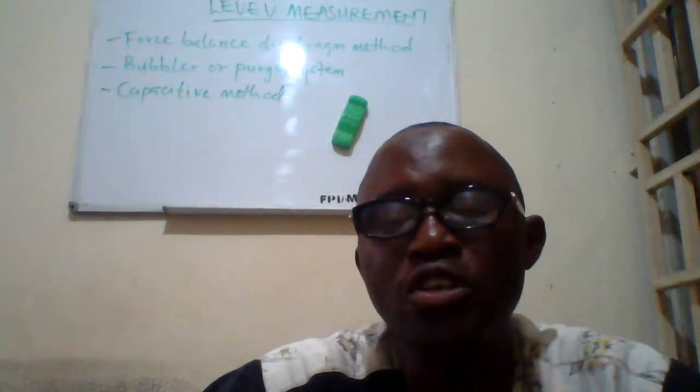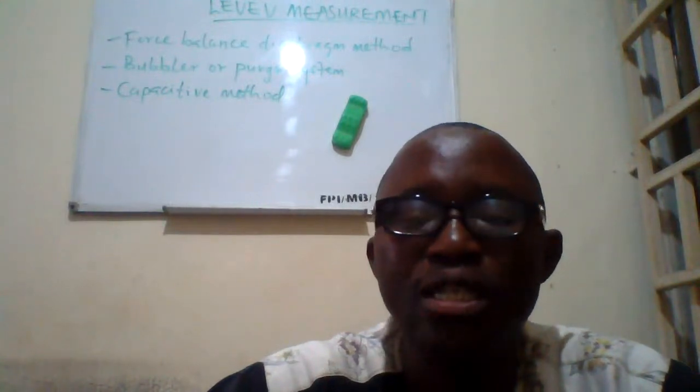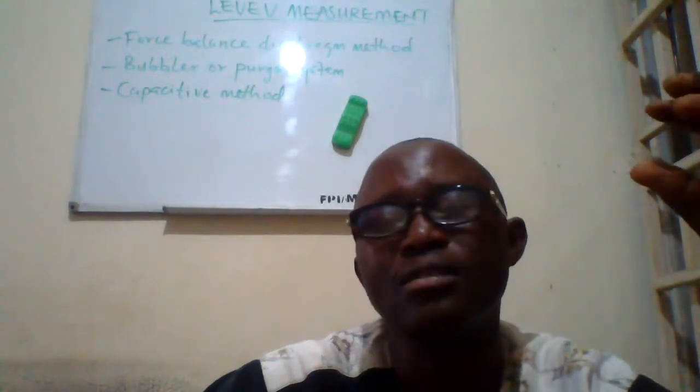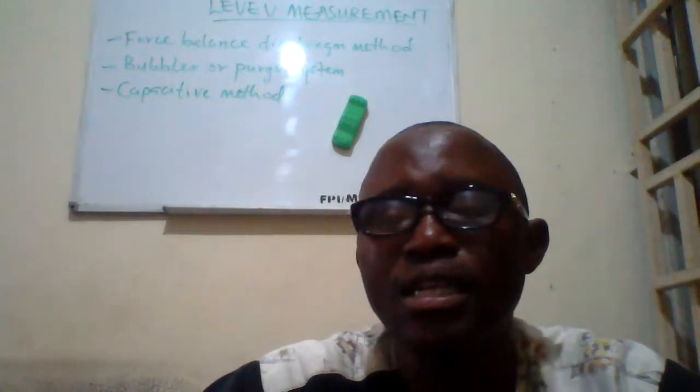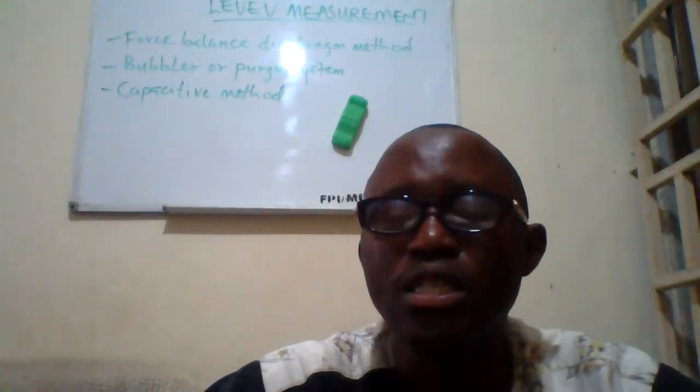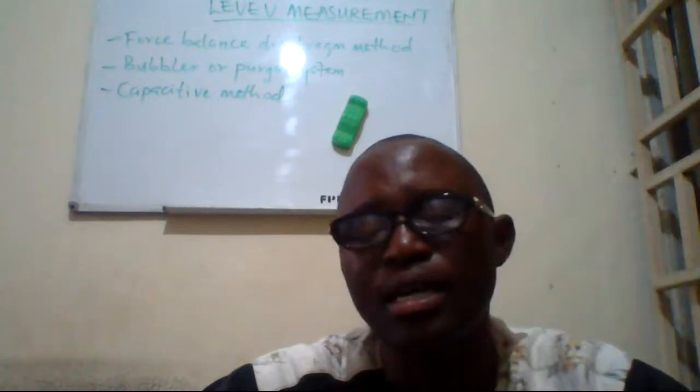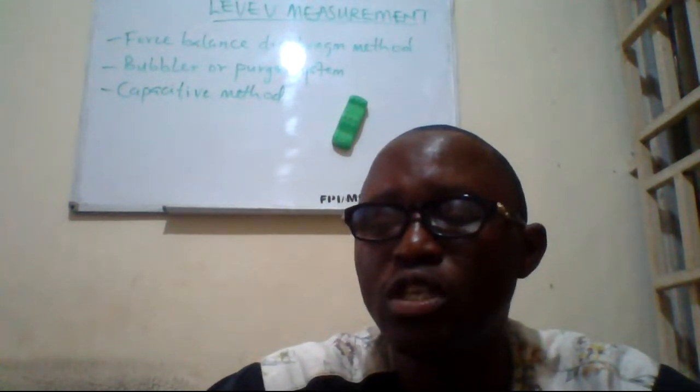Now, the differential pressure is measured between the liquid and the empty space, maybe air, on top of the liquid in the tank. Now, this differential pressure is used to determine, based on the density, variation in temperature and mass density of the fluid, the height of the fluid or the liquid in the tank.